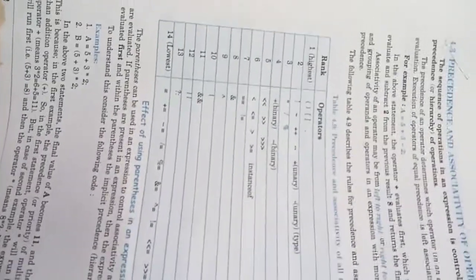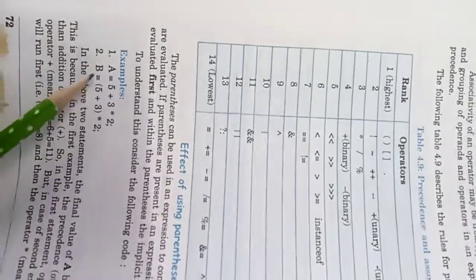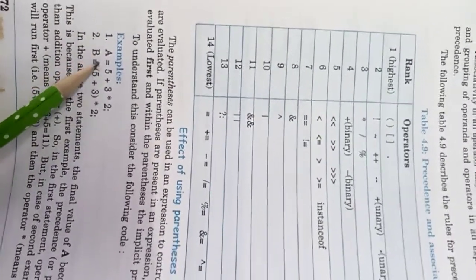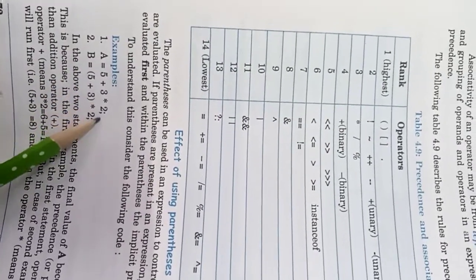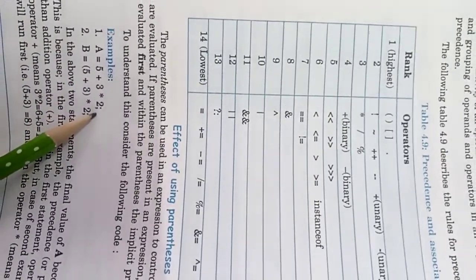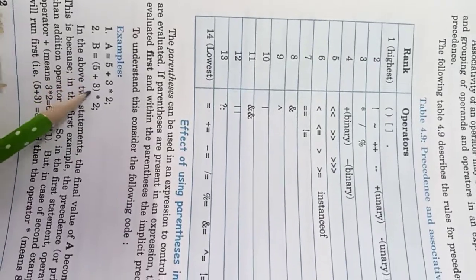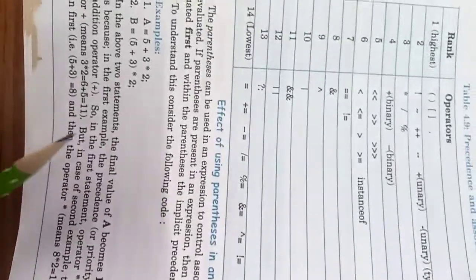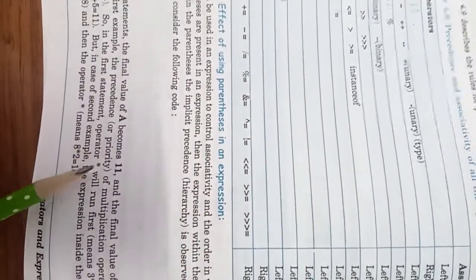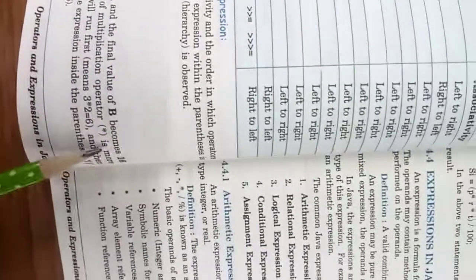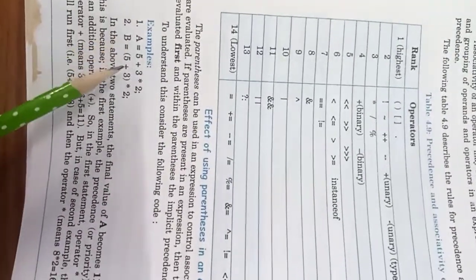Now, for example, A equals 5 plus 3 into 2. B equals (5 plus 3) into 2. In these two statements, the final value of A becomes 11 and the final value of B becomes 16.